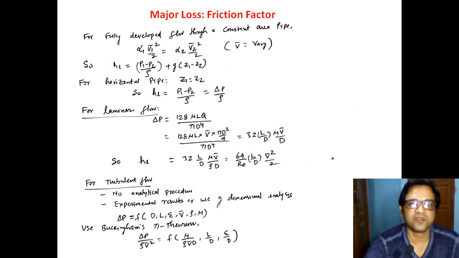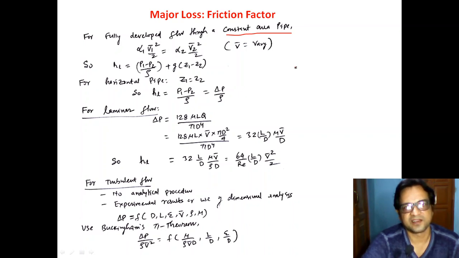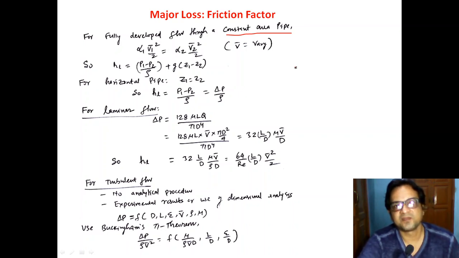For a fully developed flow through a constant diameter pipe, the energy equation we have discussed is for variable cross sectional areas. But if the cross sectional area remains the same for a pipe in the fully developed region, then alpha 1 v1 square by 2 equals alpha 2 v2 square by 2.